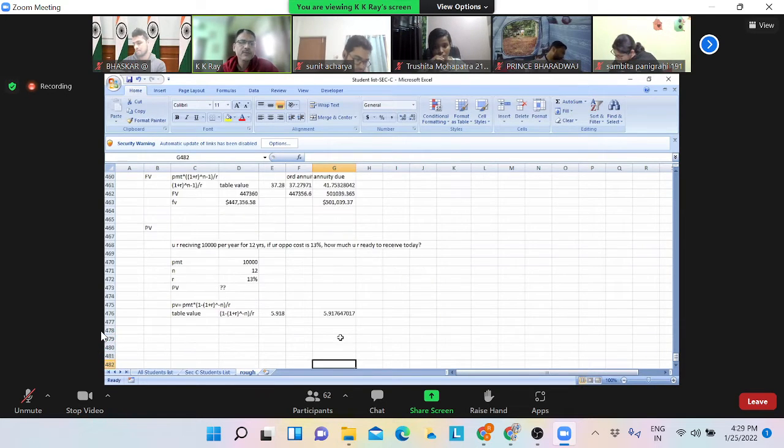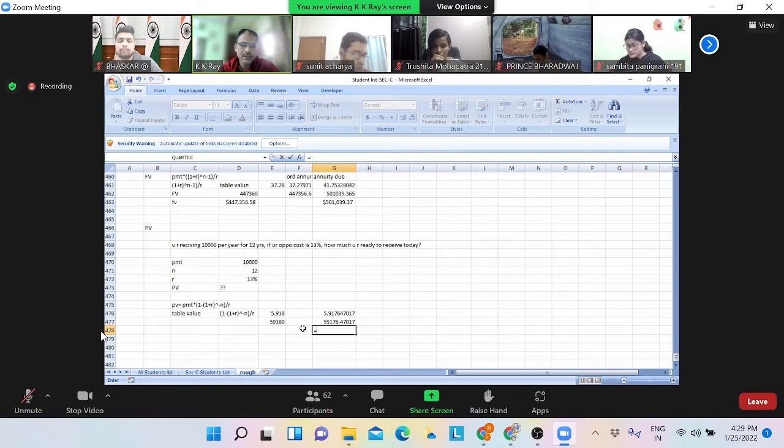So by putting your table value, this multiplied by this one gives 59,180. This is multiplied by 10,000, so it is 59,176 actually, if you follow the Excel formula for present value.